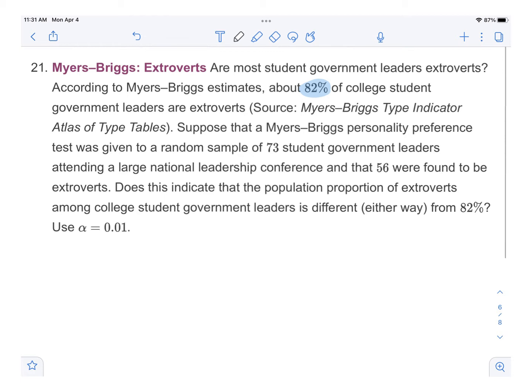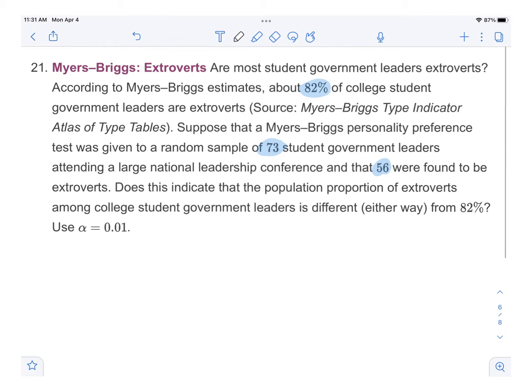Suppose that Myers-Briggs personality preference test was given to a random sample of 73 student government leaders attending a large national leadership conference, and 56 were found to be extroverts. So what they're doing is giving you the sample proportion in numbers, and that's from a sample.